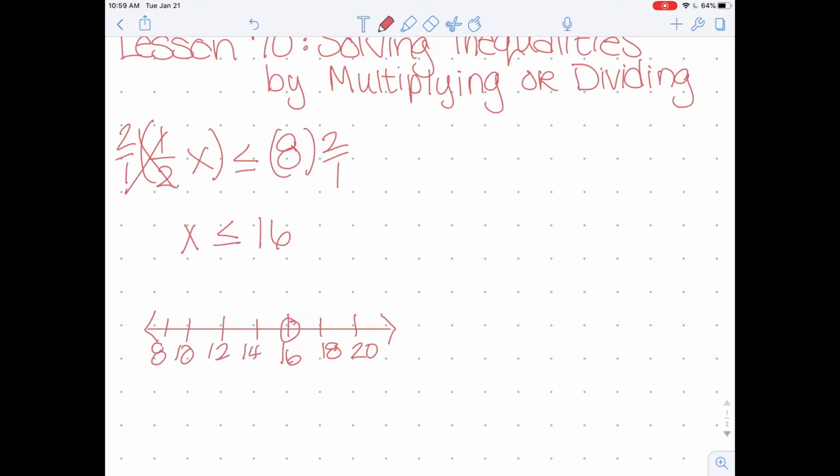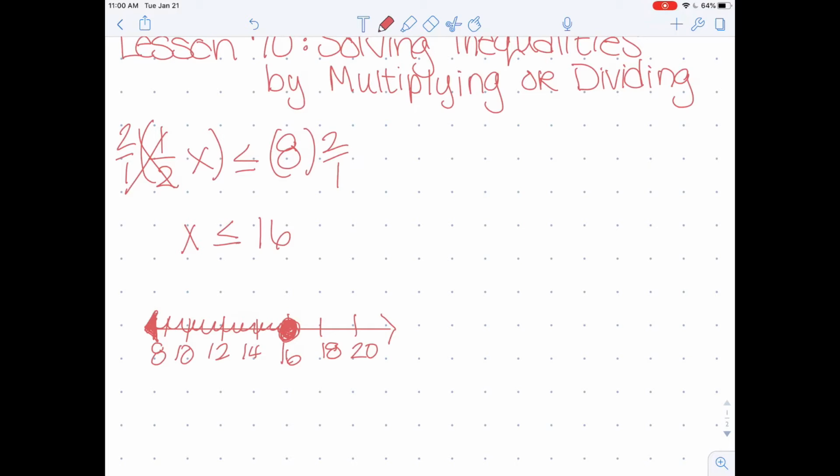So, we're going to circle 16 because that's our number. It is equal to, so we color it in. And then greater than means it goes to the right. This is the arrow that matches the sign. So we're going to color everything on this side. And that is it. If you can do that, today is going to be awesome.